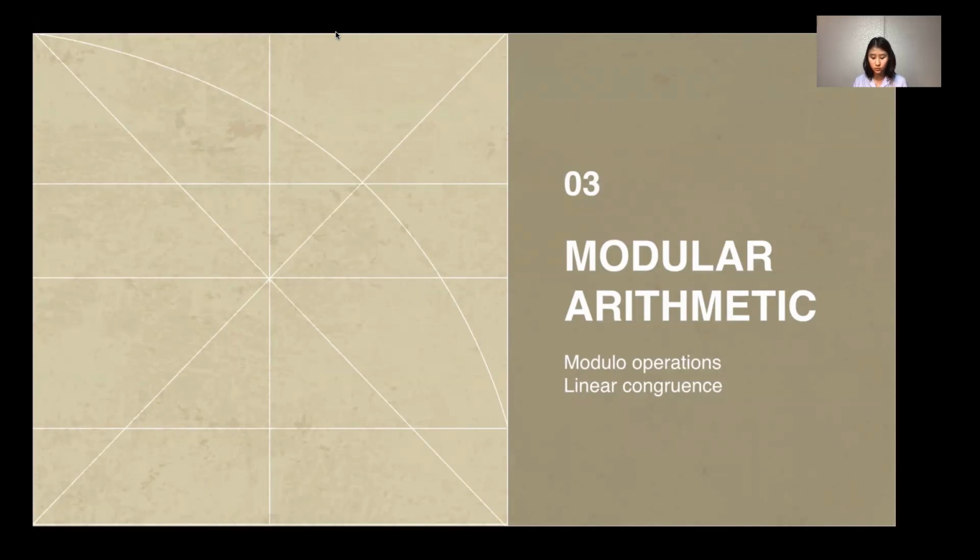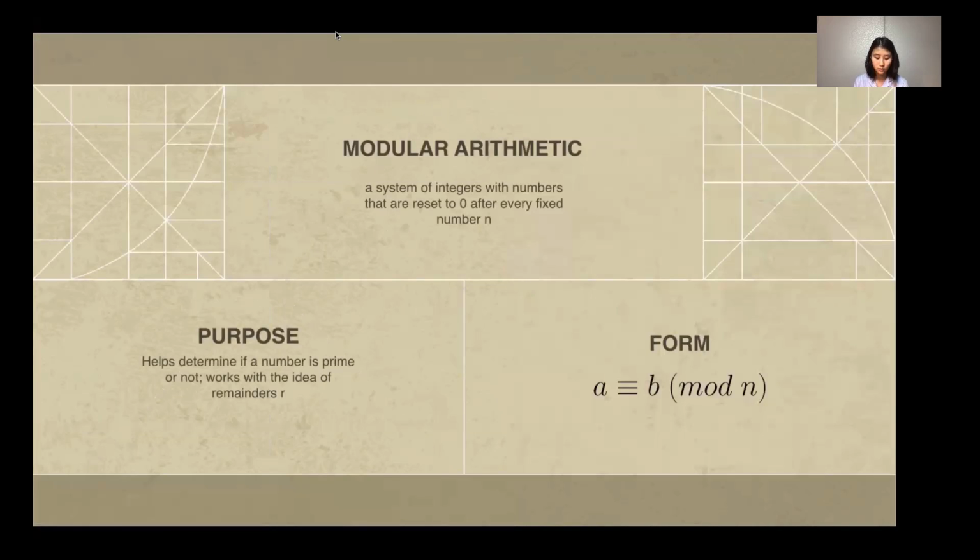Now the third section we'll be looking at is modular arithmetic. Modular arithmetic is a system of integers with numbers that are reset to 0 after every fixed number n. We use this because it helps us determine if a number is a prime number or not, and it works with the idea of remainders r. We've probably seen modular arithmetic or modulo a lot.